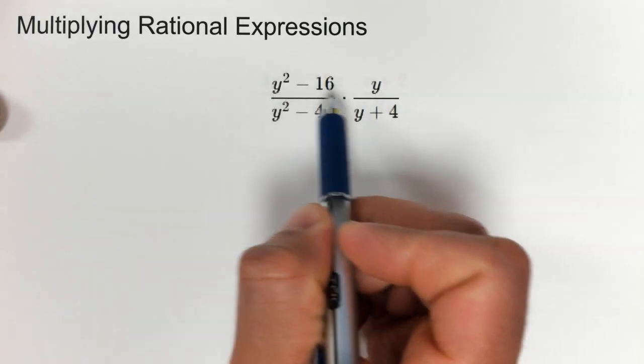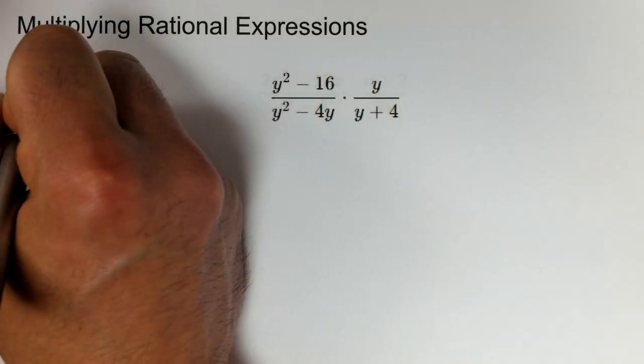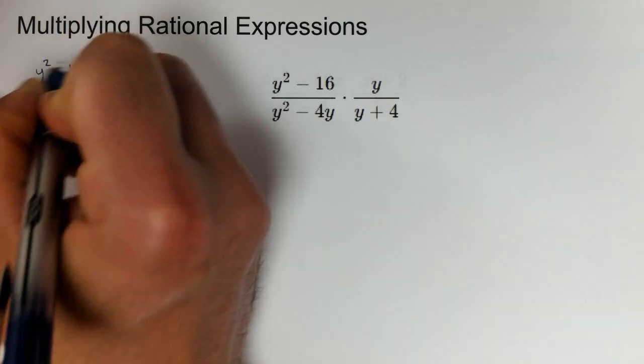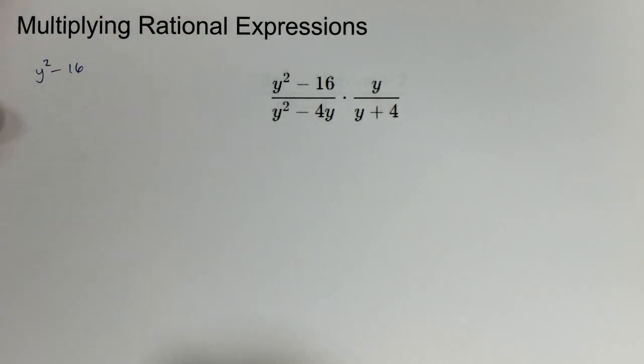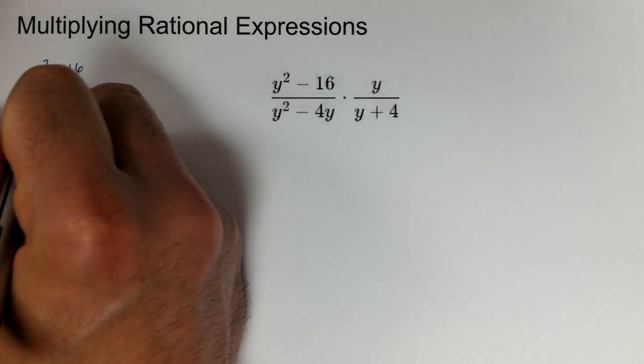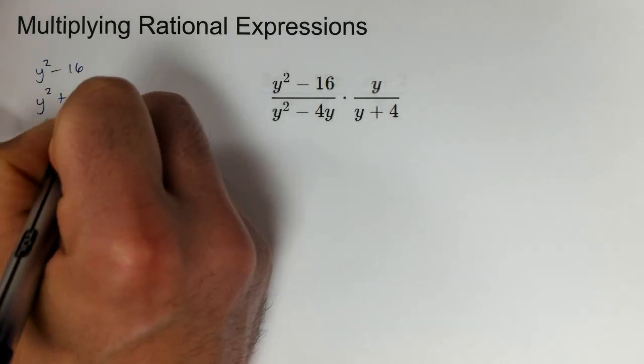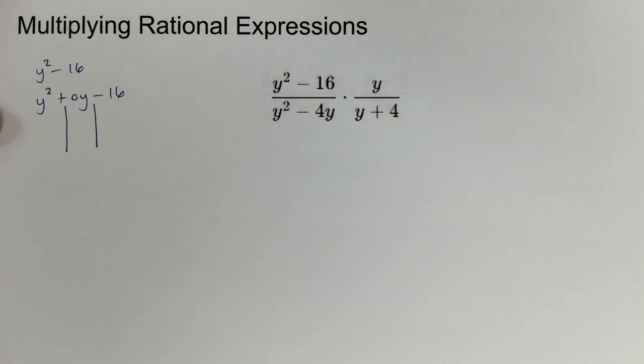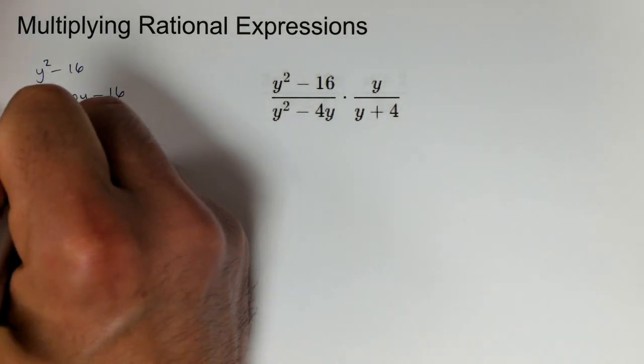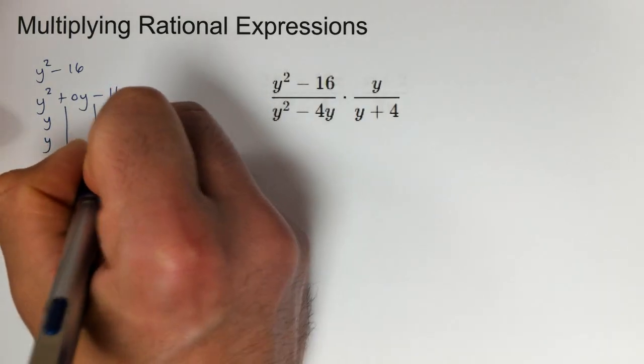I'm going to factor the numerator, right? We have y squared minus 16. To factor that, you can add a 0 in the middle if you prefer. And you can do the 3-column method that we've been talking about in this class, where you multiply y times y, and then 4 times 4.